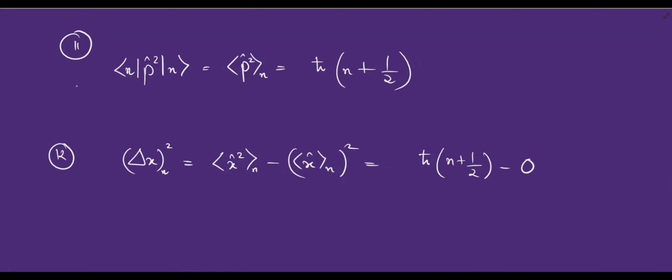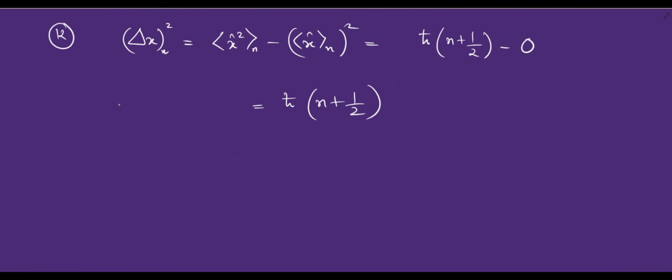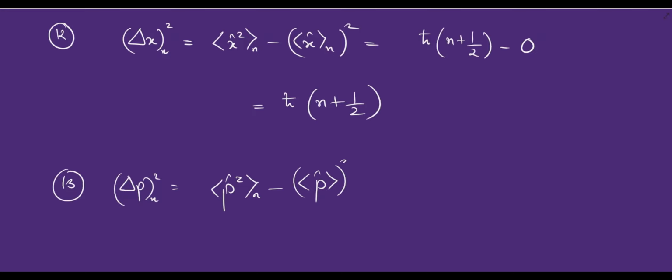So this is equal to h bar into n plus half. Similarly, delta p n square is the expectation of p cap square minus the square of the expectation of p cap, which is equal to h bar into n plus half minus 0, and hence at the end of the day this is also equal to h bar into n plus half.